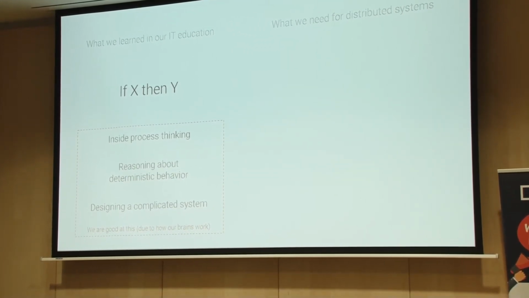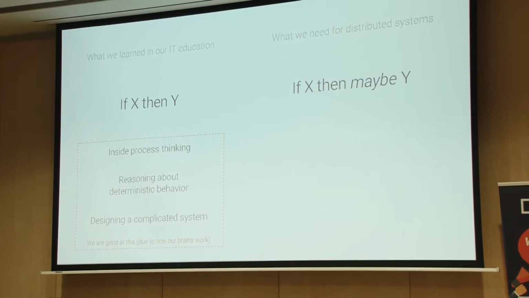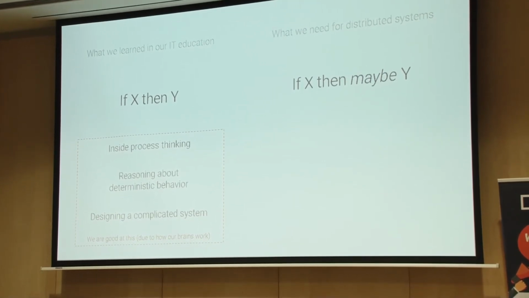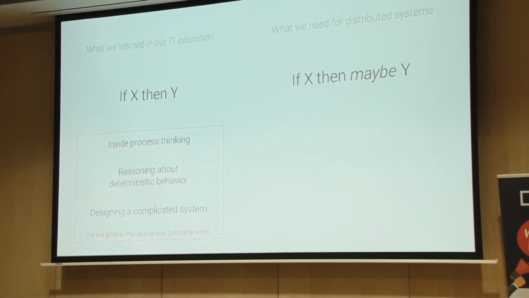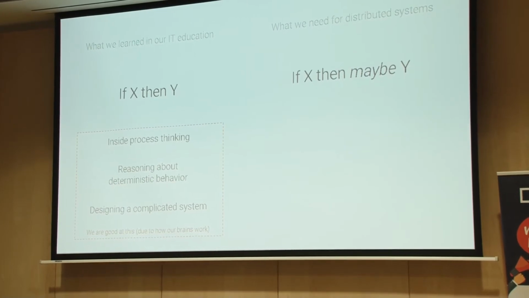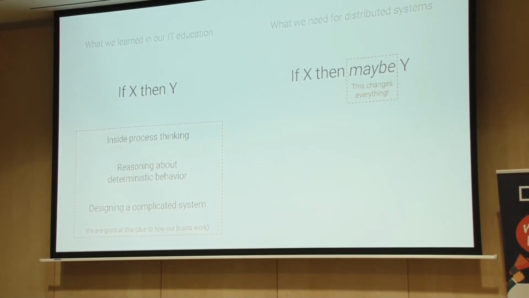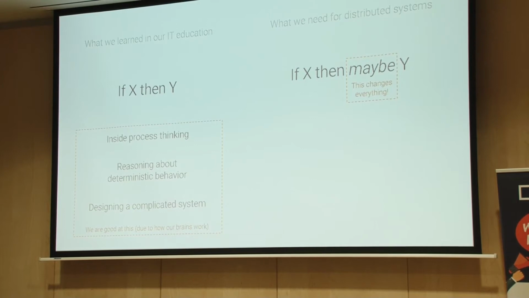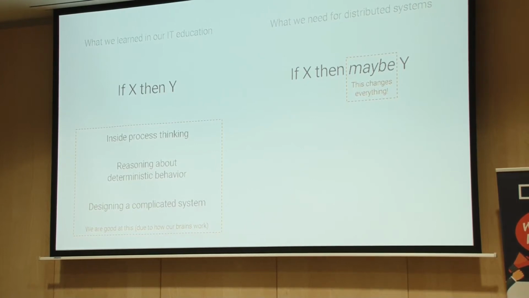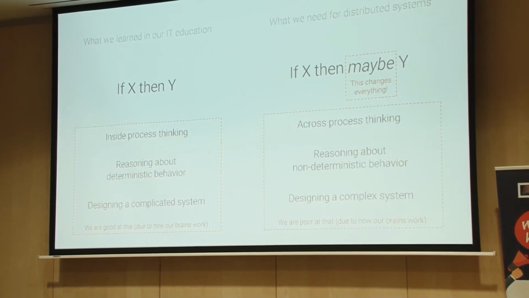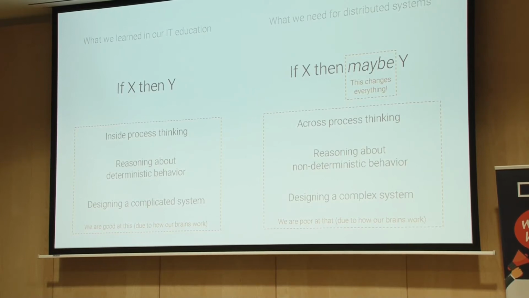inside a process boundary. On the other hand, if you go into the distributed world, you will face something like, if X, then maybe Y. And this maybe actually changes everything, because it's no longer deterministic. So across-process thinking is non-deterministic behavior.